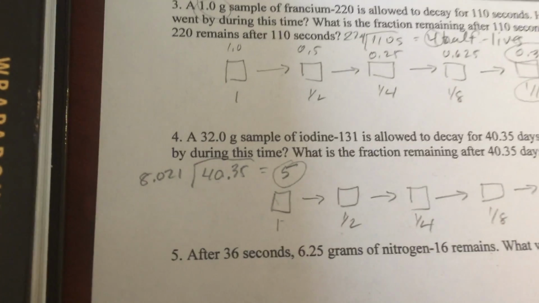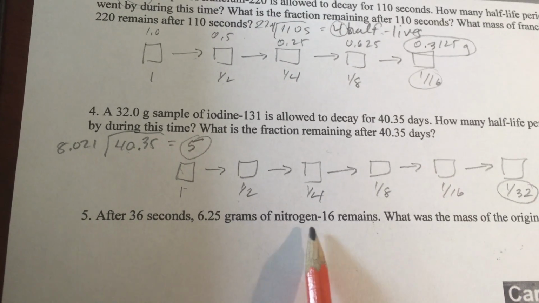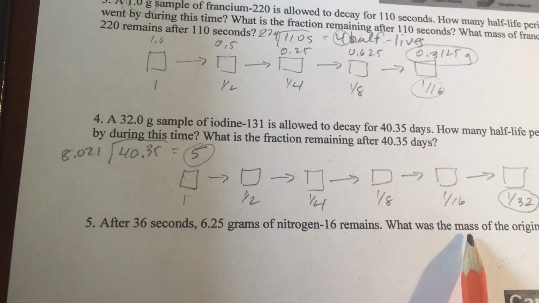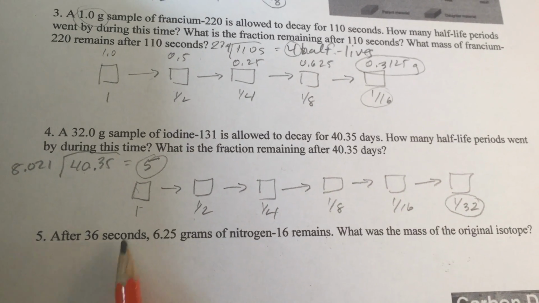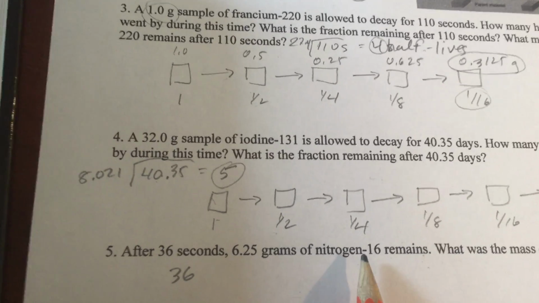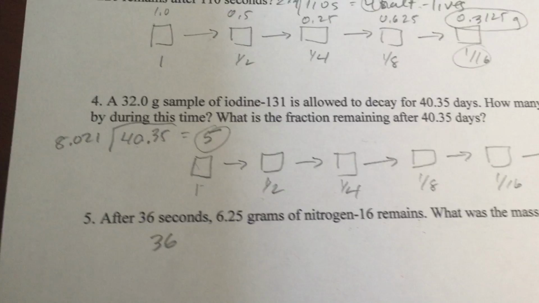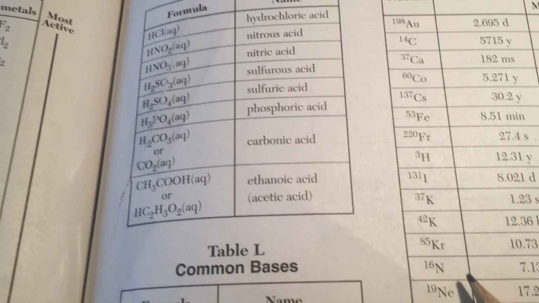All right, number 5. After 36 seconds, this many grams of nitrogen-16 remains. What was the mass of the original isotope? 36 seconds. So here's my 36. Nitrogen-16. All right, let's find nitrogen-16 in table N. Nitrogen-16 is right here.